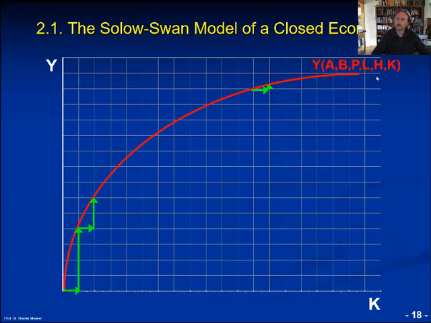I think this is a quite intuitive and plausible idea. So that is the explanation why this red curve, which represents the GDP production function, gets flatter and flatter the more capital we add into the production process.